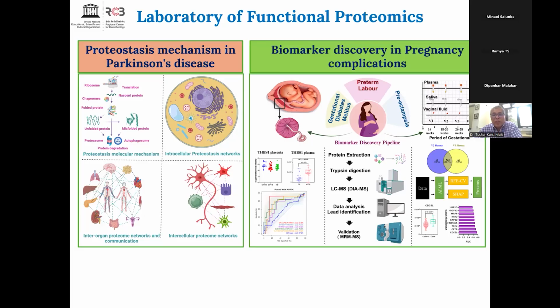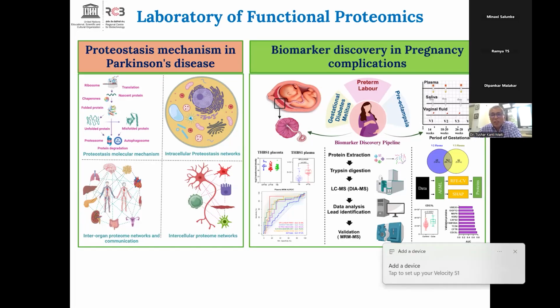Pregnancy is an important step in human life, or you can say every organism's life. Here we study how, during the journey of pregnancy, there are several complications which contribute to adverse fetal outcome or adverse pregnancy outcome.